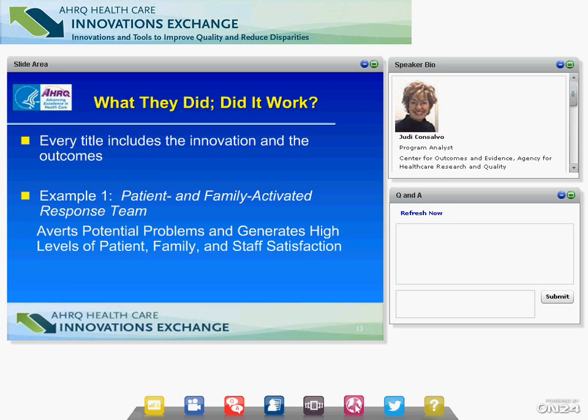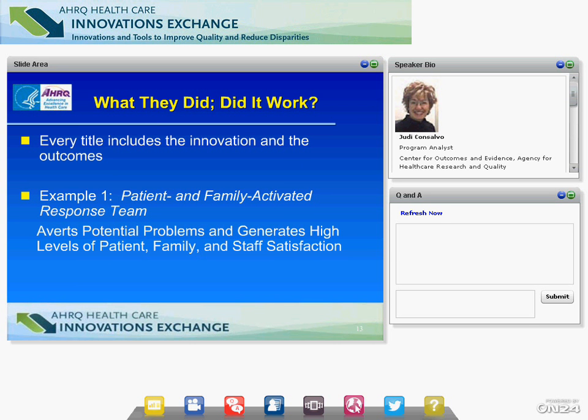In this first example of an innovation profile, the underlined text in the slide specifies the innovation for process improvement. Well, let's go back. The example in the italicized part of the title is Patient and Family Activated Response Team. So that's the innovation. Included in the title are the results.